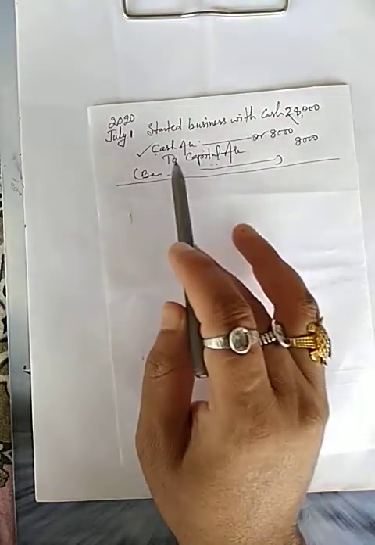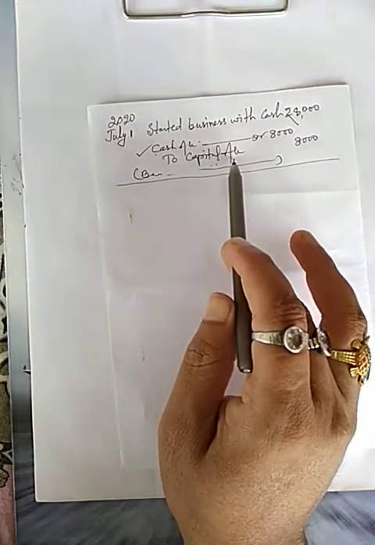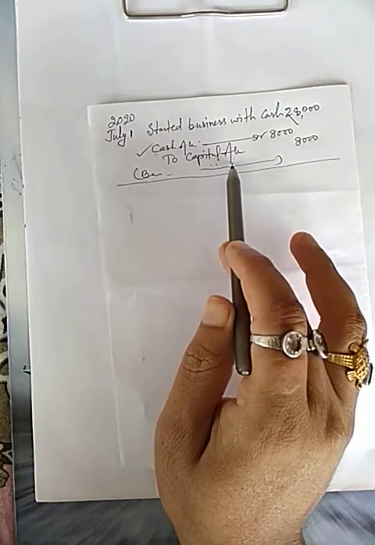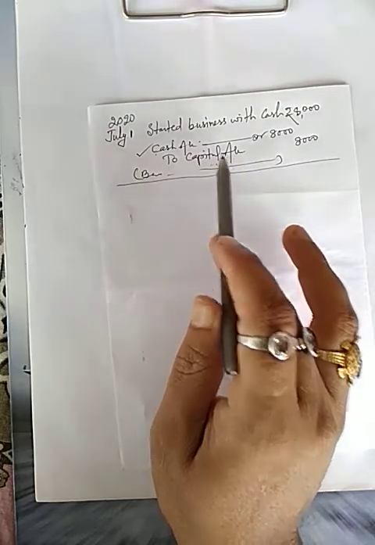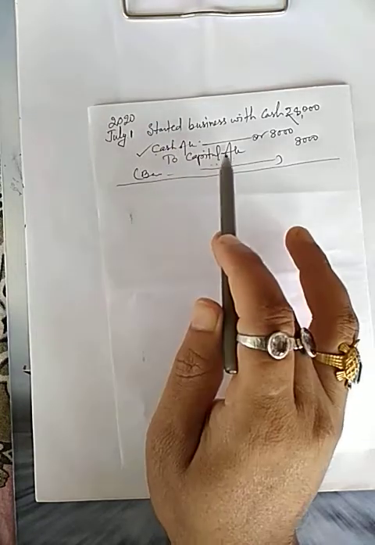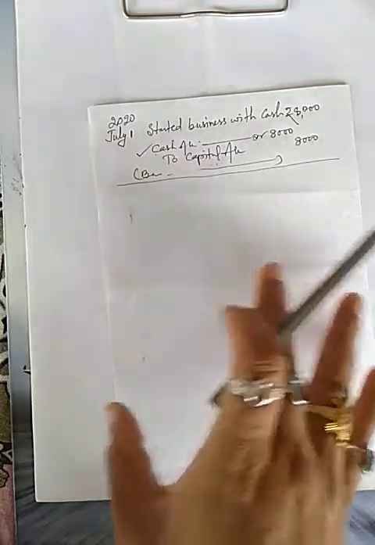Now the second thing is capital account. Therefore capital is in credit side, so I will post cash account in credit side of capital account.